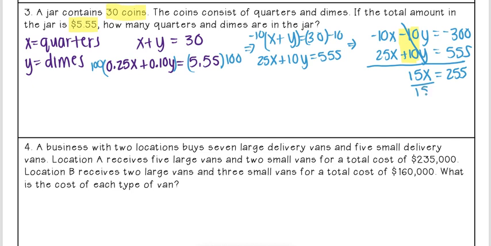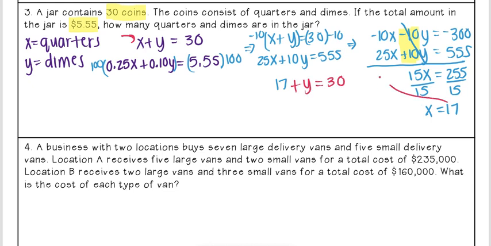And then when I divide both sides by 15, I get that x is equal to 17. So I have my number of quarters. Now I need to figure out my number of dimes. So to do that, I'm just going to go ahead and plug in x into my top equation. So I'll have 17 plus y equals 30.